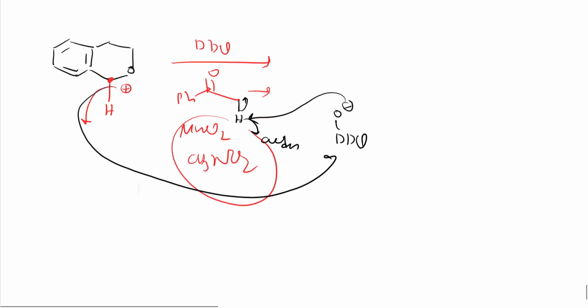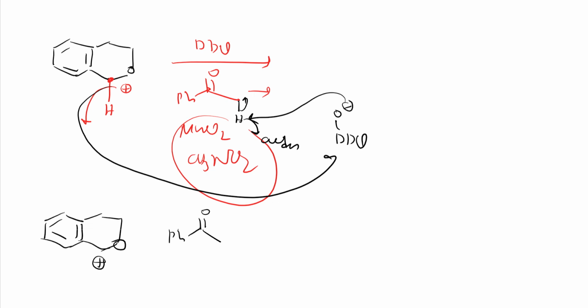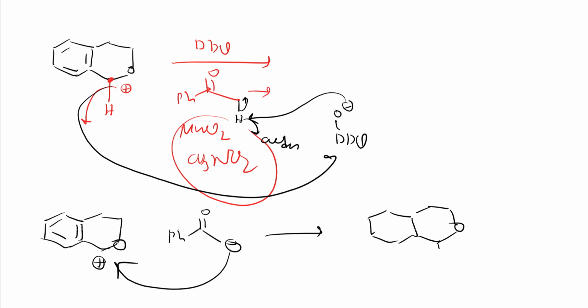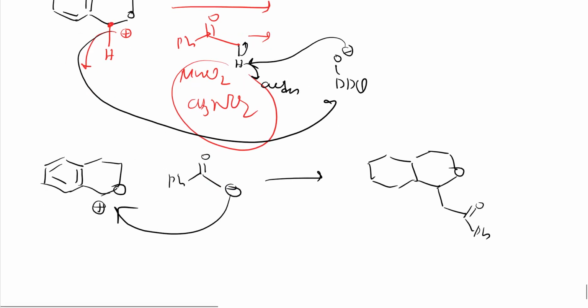So what all have I got? Here a carbocation is formed, and here I got this PhCO, and this carbon gets a negative charge. So they will react, and I'll get this product, COPh, right? I hope you understood it, right?